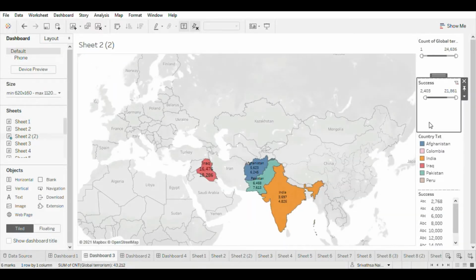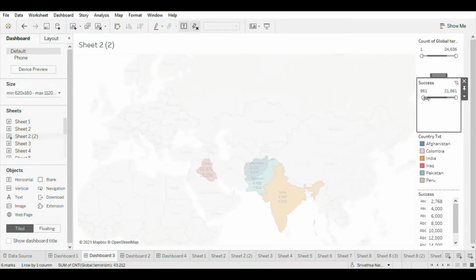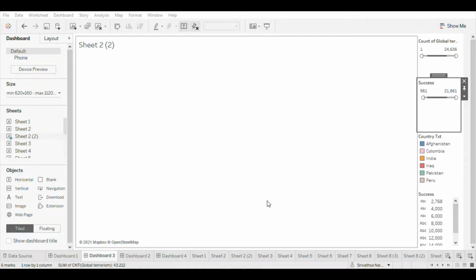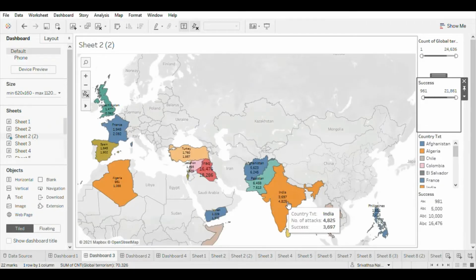So this is a visualization of the same data on the map, which indicates the number of attacks versus the successful attacks. I've just changed the filter to show more number of countries. When we hover over India, it shows how many attacks have been in India, and similarly for Pakistan, Afghanistan, Iraq, and all other countries.